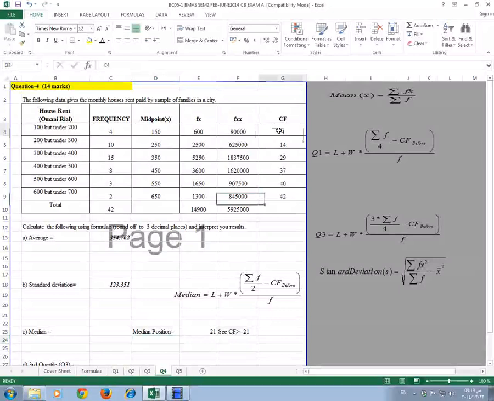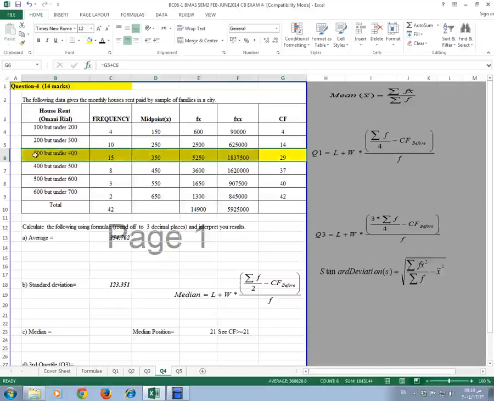From the beginning, this one is less than 21, so we still need greater than or equal to 21. Here 14 is less. This is the first CF which is greater than 21, and this line is the median line.